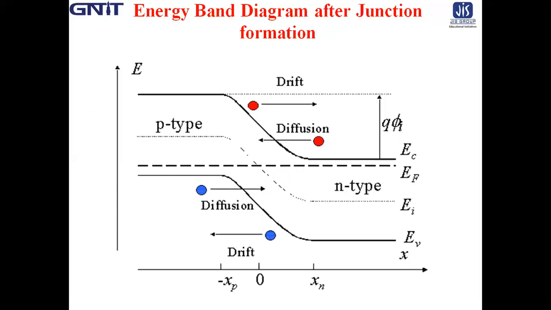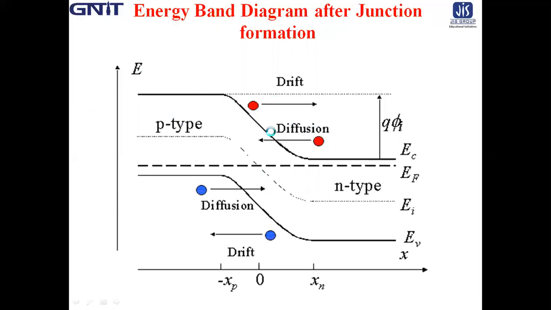The energy band is flat and Fermi level is close to valence band edge. The acceptor means negatively charged. The acceptor concentration exactly balances the hole concentration to make the region neutral.